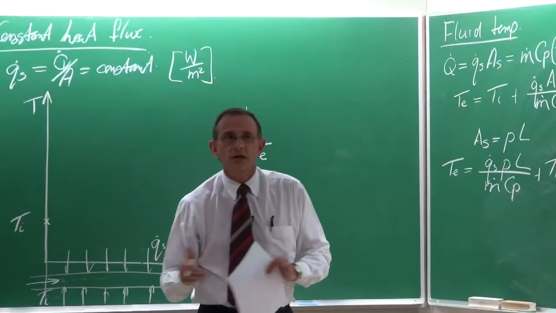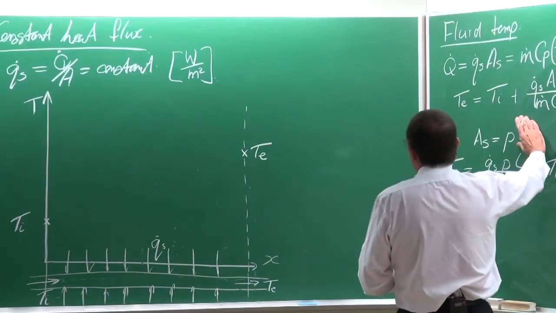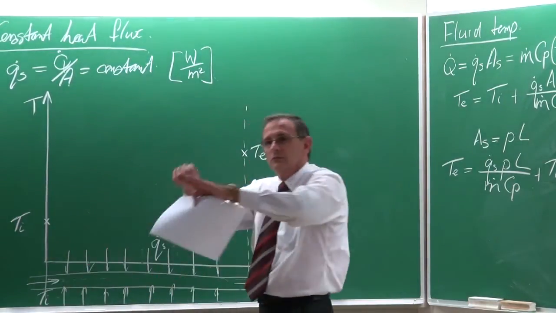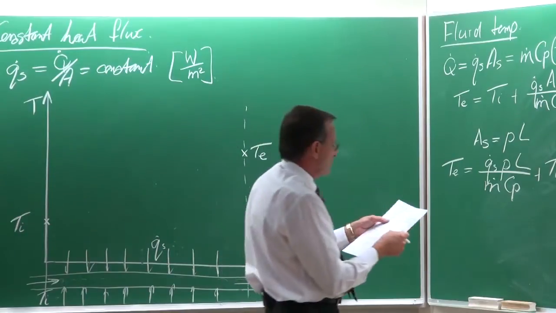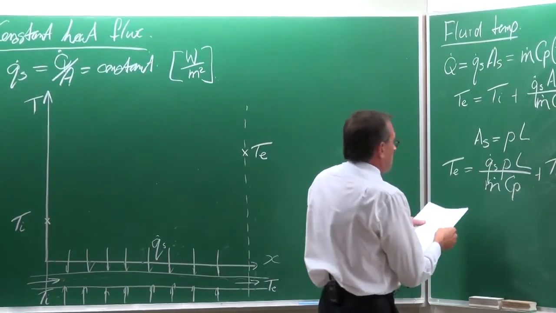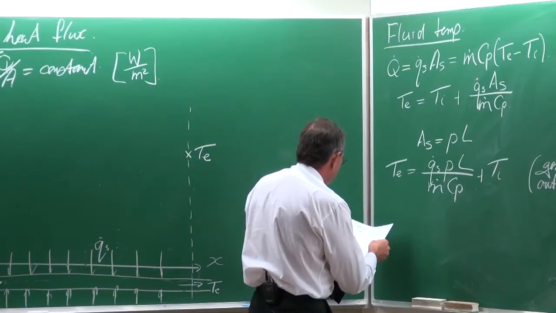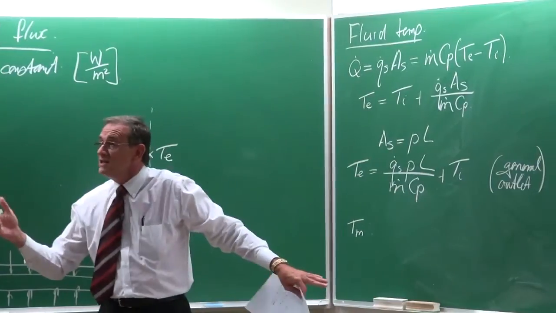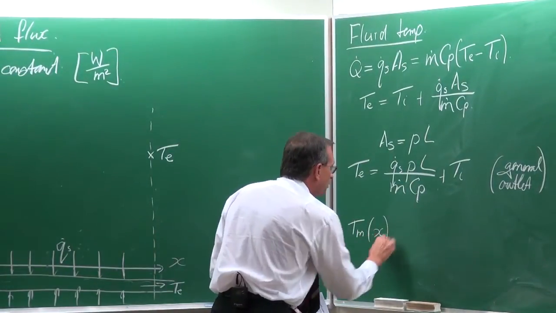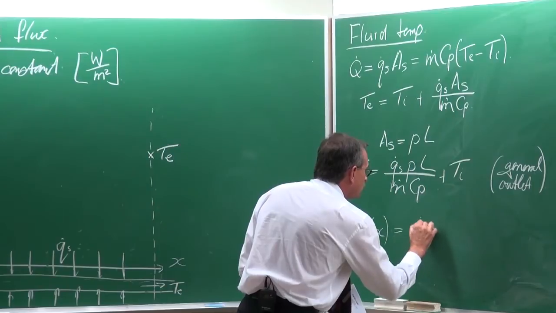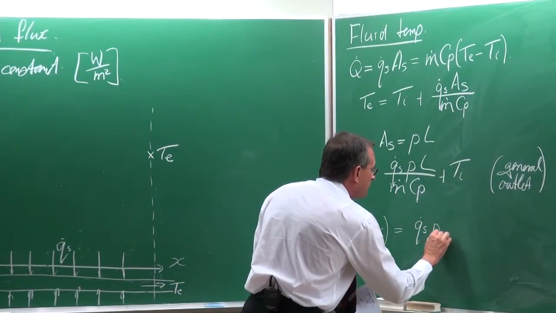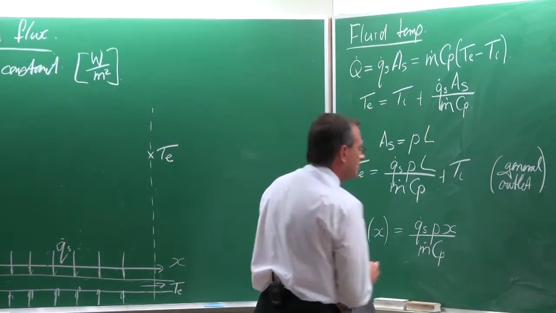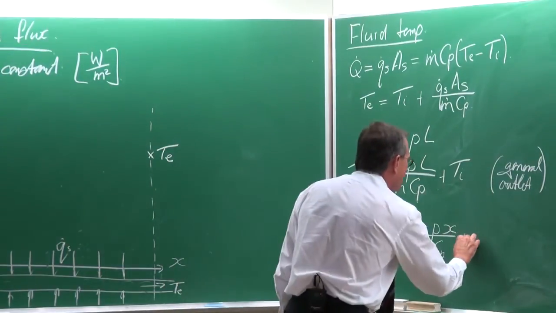You agree? Okay. So just as I've used an L there in terms of the total length, I can go and do it for x, for different values of x, in terms of a more general equation. So we can write the temperature of the fluid, the mean temperature of the fluid as a function of x, and we can say it is equal to the heat flux multiplied by P multiplied by x divided by the mass flow rate Cp plus Ti.